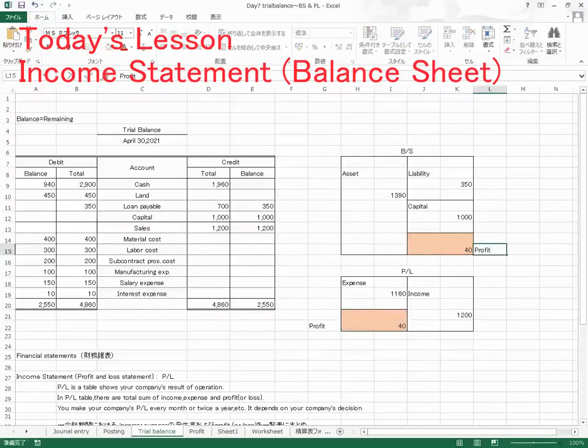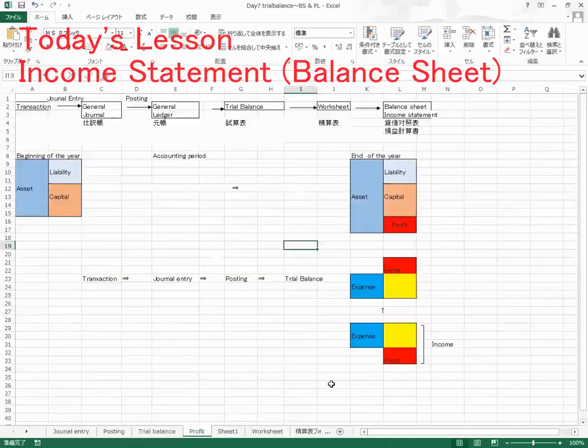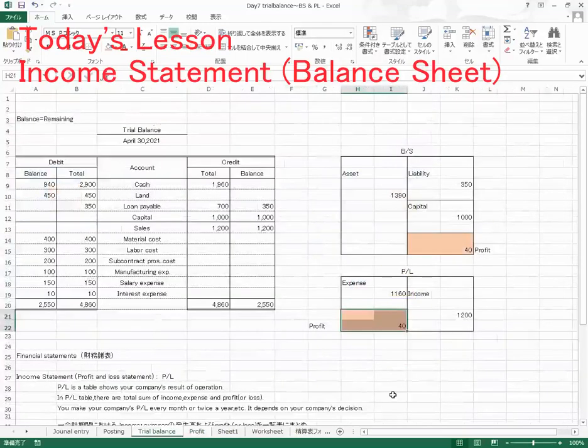So it is the same. Also, the balance of the BS is 40. That is also profit, the same. So this is the total of the accounting year. Okay, up to here, the same profit is 40.